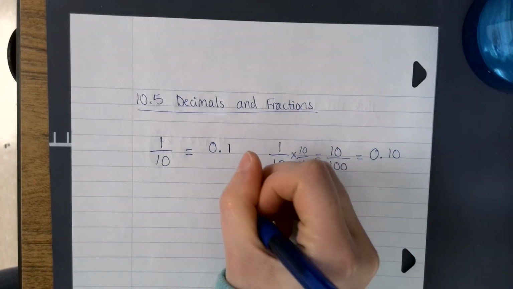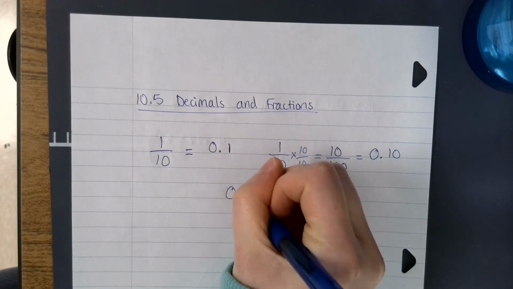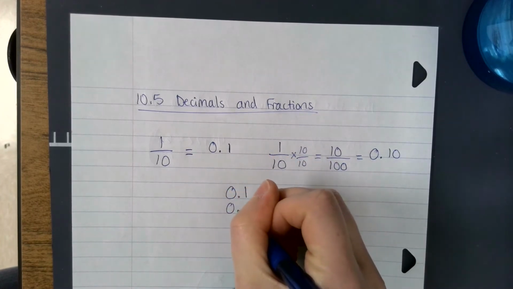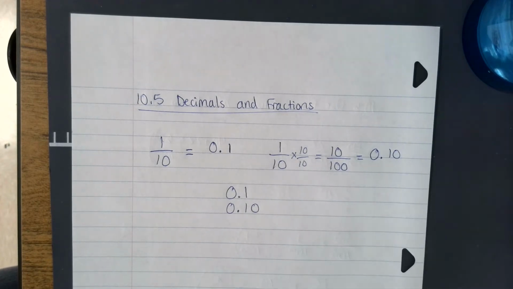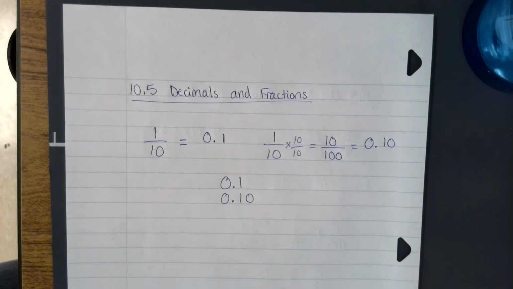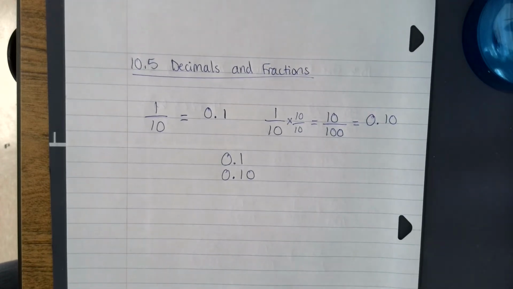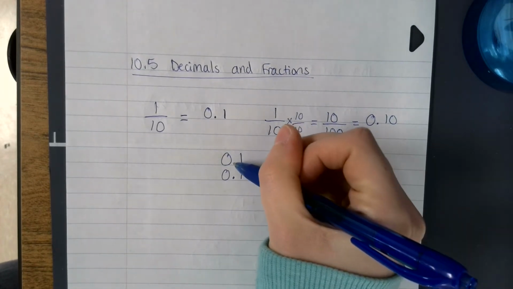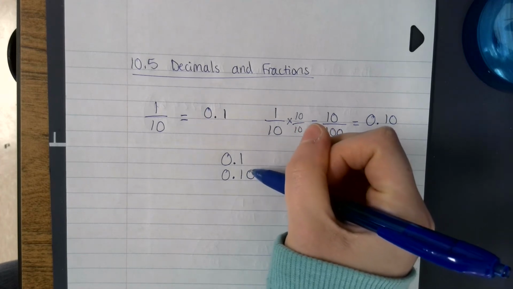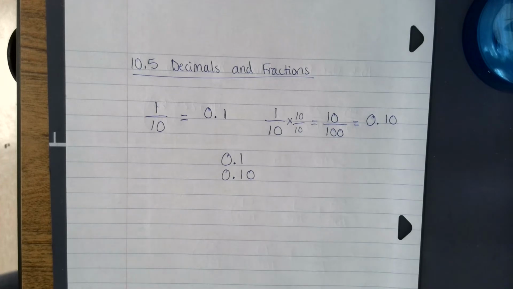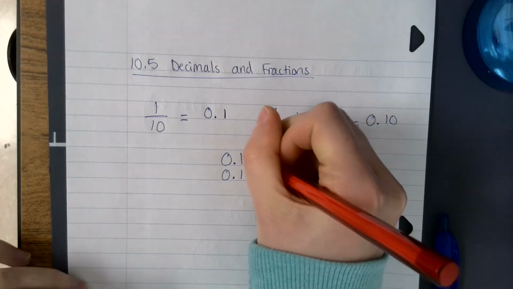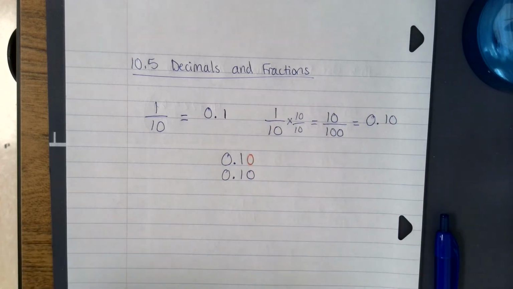Now let's look at these steps. So we have 0.1 and we have 0.10. So 1/10 and 10 hundredths. What do you notice about these decimals? Well, first off, I notice that this one is only in the tenth spot and this one goes to the hundredth spot. But I also notice that if I were to put a 0 right here, they would be the same.